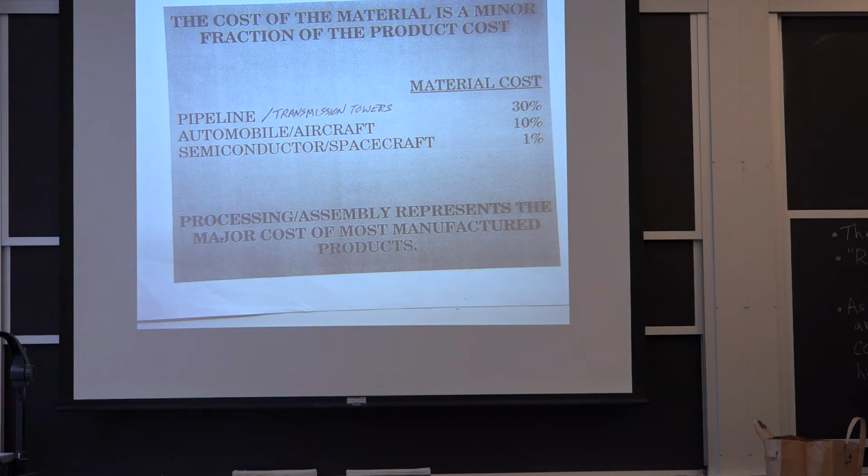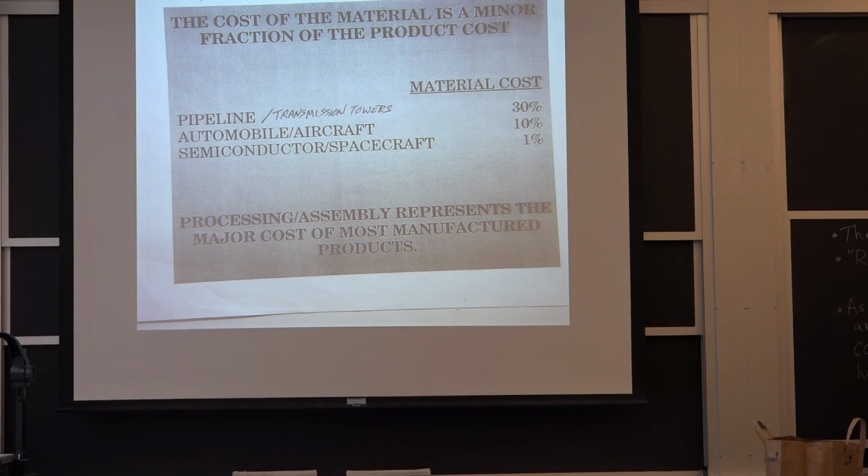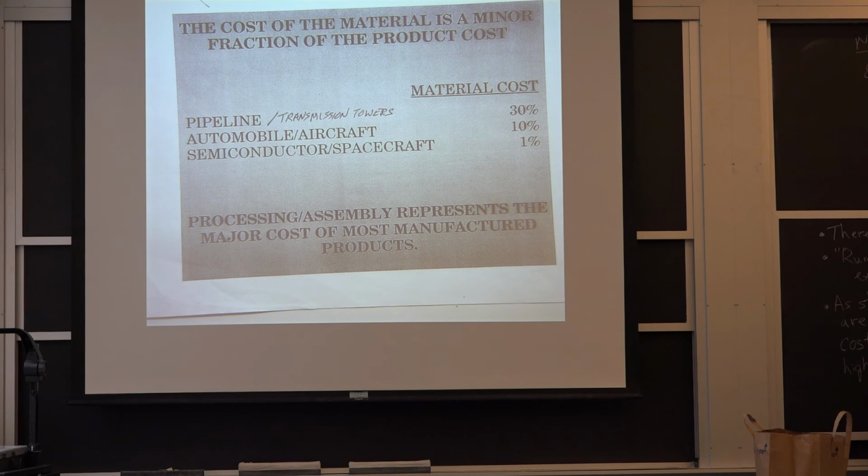The most materials-intensive products that I know of are pipelines or big steel transmission towers to carry 250 kilovolts, and about 30% of the cost of the project is the material cost. It's just a slide I made from stuff that's in there. For an automobile or an aircraft, materials cost is typically about 10%. If you're talking semiconductors and spacecraft, your materials costs are nothing.